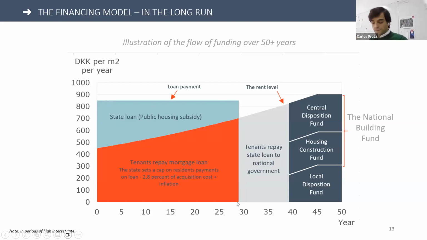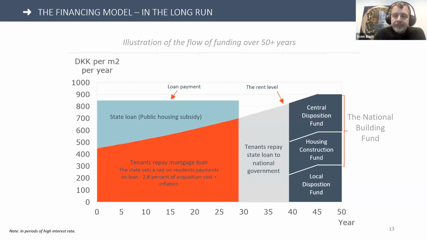After the loan has been paid out after 30 years, then a period they repay the support from the state, and when that is paid back, all the rent goes to this central disposition fund and a housing construction fund, and also local disposition funds. So after 35 years or something like that, a lot of the rent goes into these big funds, and that's why we can finance all this very deep renovation.